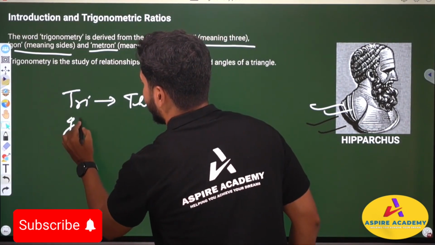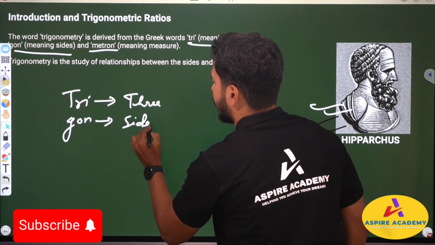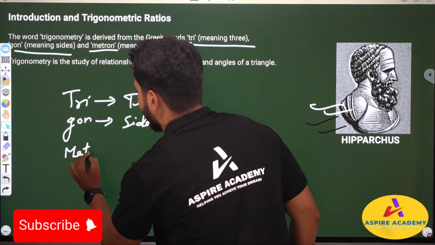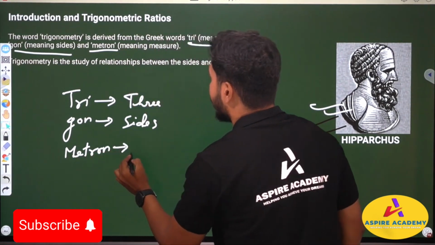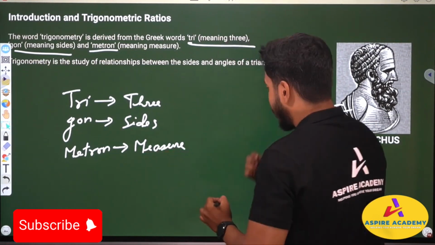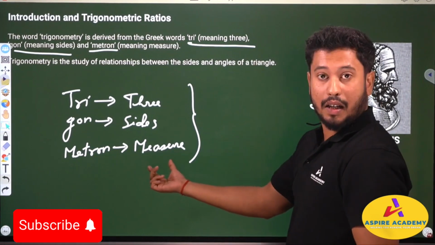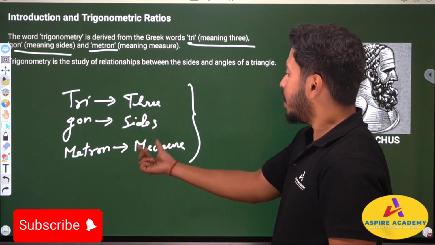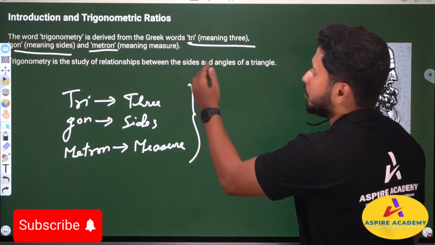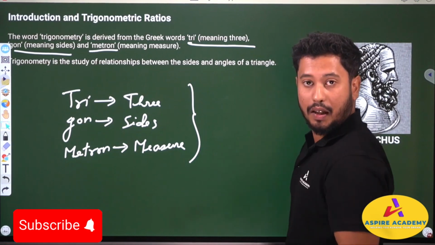Gon means size, and metron is measure. So the measure of 3 sides of a triangle is called trigonometry. And what is the type of triangle here?